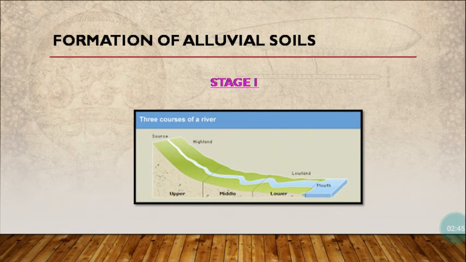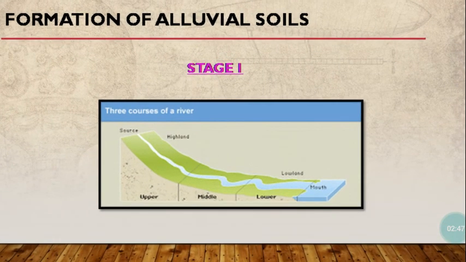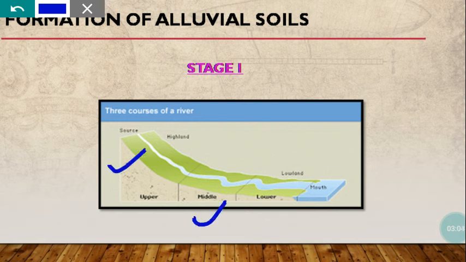Next, let us observe how this soil forms. Please follow the stages nicely. In stage 1, what can we see? First of all, you know that every river mainly has 3 courses: upper course, middle course and lower course. The height of the landform is very high in the upper course, medium in the middle course, and mainly flat in the lower course.